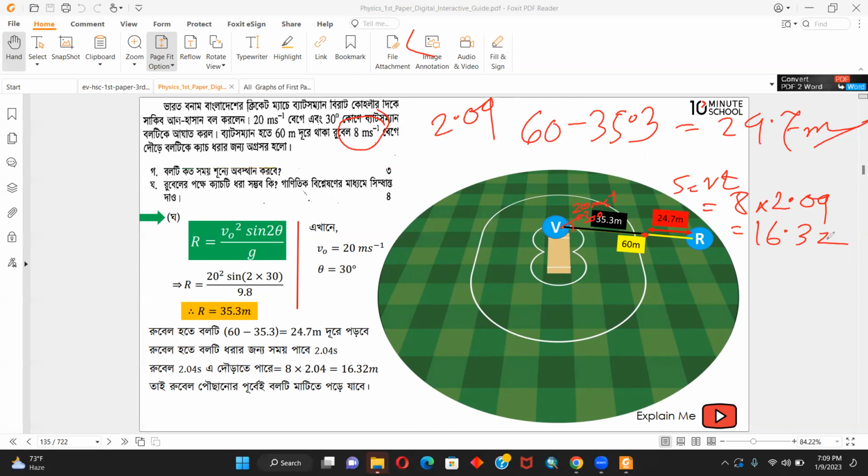Now, is 16.32 greater than 24.7 meters? No, it's less than. That means David Warner won't be able to reach the ball when it is in the air. That means the ball will bounce in front of him, so the batsman won't be out or the catch won't be taken.